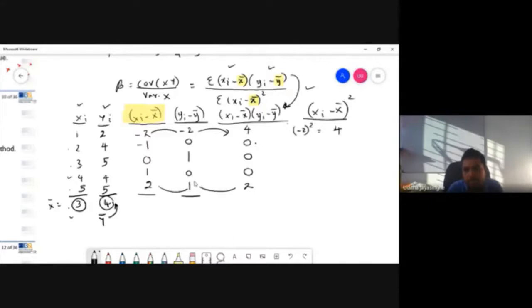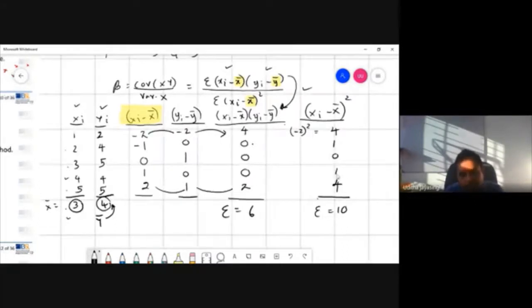Similarly, negative 1 squared is 1, 0 is 0, 1 is 1, and this is 4. Now I have the individual values for the top part and the bottom part of the equation. The sigma here is going to be 6, 4 plus 2, and the sigma over here is going to be 10, 4 plus 4 plus 1 plus 1. That's all the ingredients I need to calculate the beta.